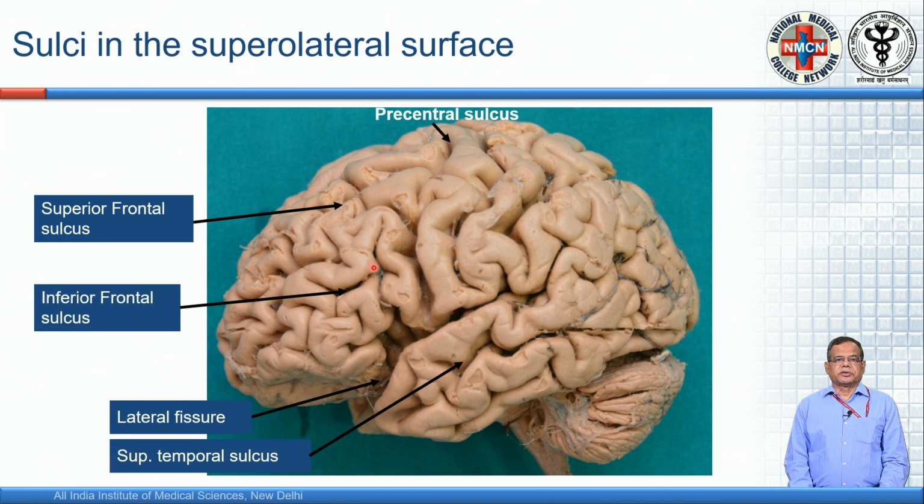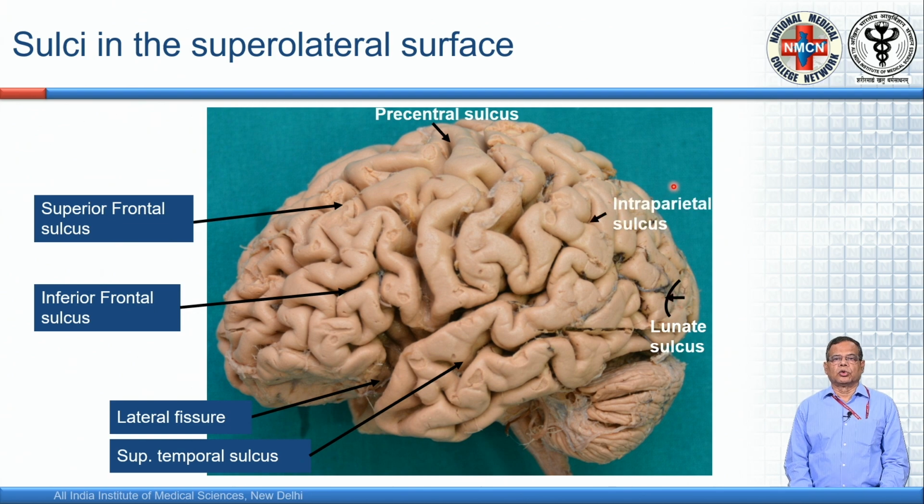Just below it lies the lateral fissure, which contains the middle cerebral artery. Below the lateral fissure or lateral sulcus is the temporal lobe, and in the temporal lobe there are the superior and the inferior sulcus. In the occipital lobe, there is one arched sulcus, the lunate sulcus, just in front of the occipital pole.